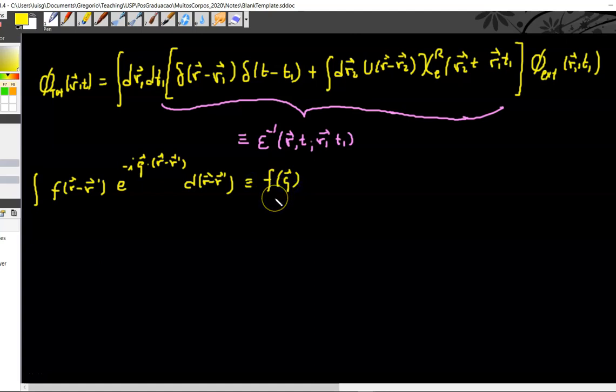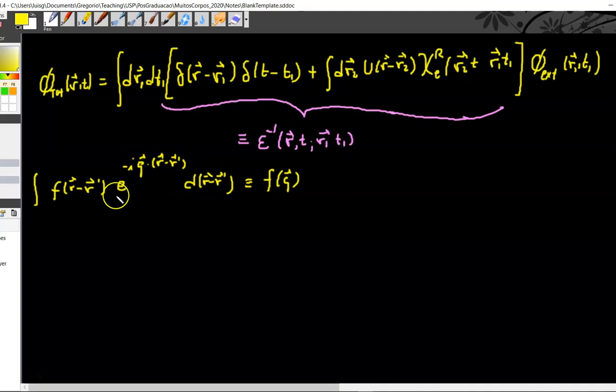Now, of course, if this is a delta function, this will be 1. Same thing for the delta function in t minus t1: it should also be 1 when you Fourier transform it.